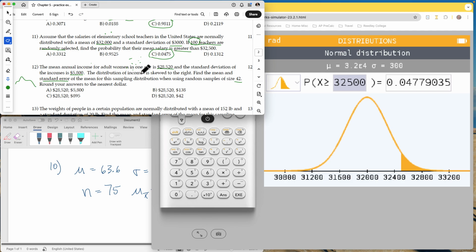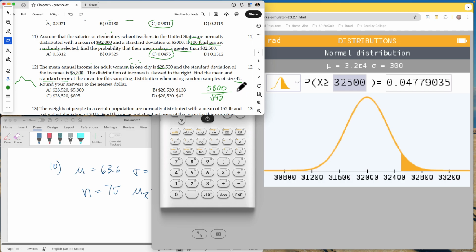The cool part is how that central limit theorem works. The mean is always going to stay the same, and notice you can't get that wrong because they're all the same, but the standard deviation changes. Remember, it's going to be 5,800 divided by the square root of 42, and we're going to get whatever value that is, right?